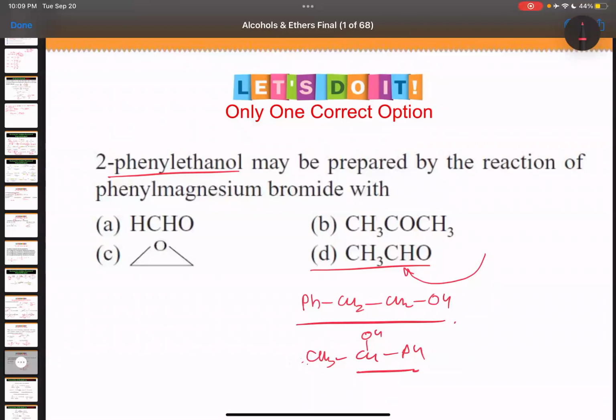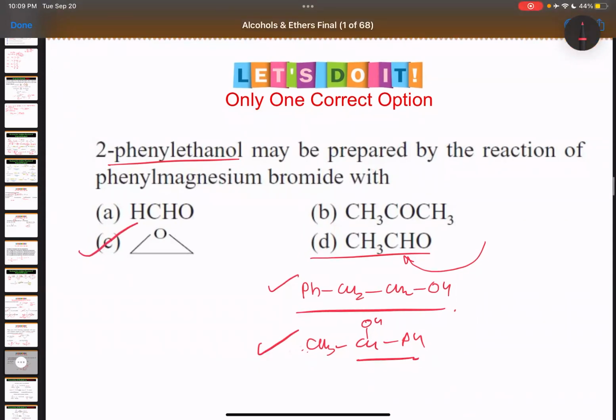Yes, sir. So there is a difference in this one and this one. Sir, then C? Option C, yeah, that is the right answer. Correct. Good.